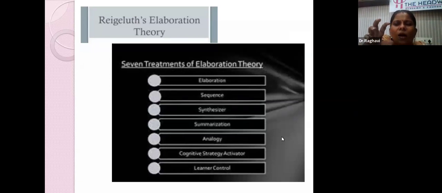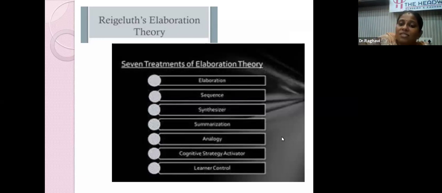Elaboration relies upon the idea that instruction should be offered to the learners in increasing order of difficulty. If the instructor wants to teach the learner a more complex problem, then we have to begin by providing the learner the most basic version of the process and then gradually present lessons that work up to the desired result.